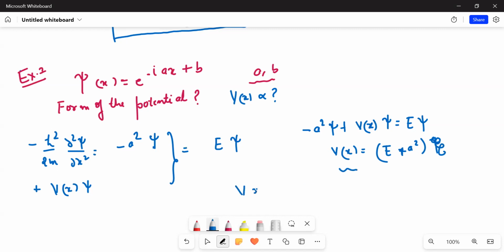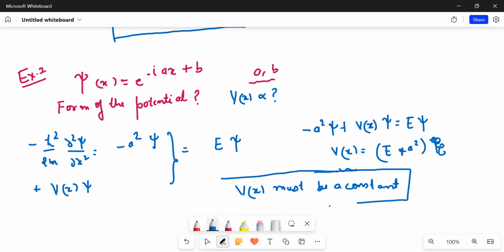So V(x) must be a constant. Now, if I'm supplied with some additional condition, I may be able to know what constant V is. With this limited hint, I can just remark that my potential would be a constant function. I hope it is clear.